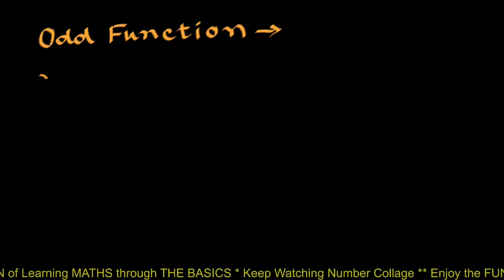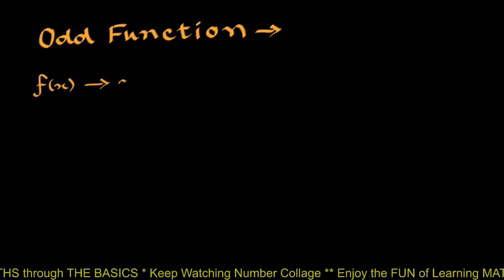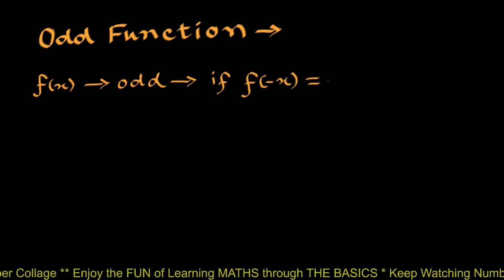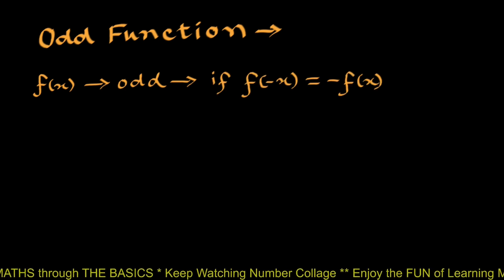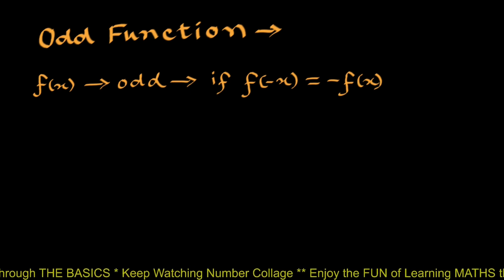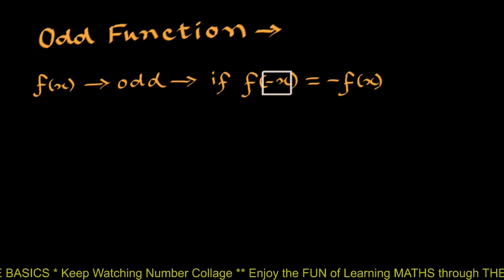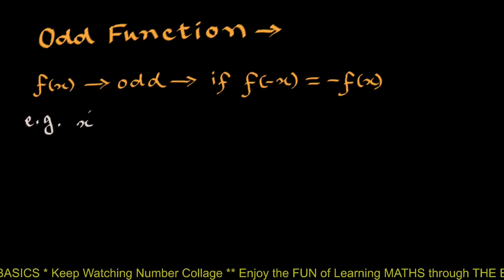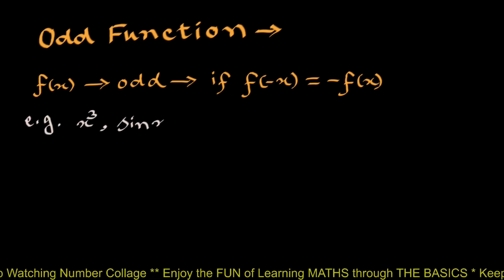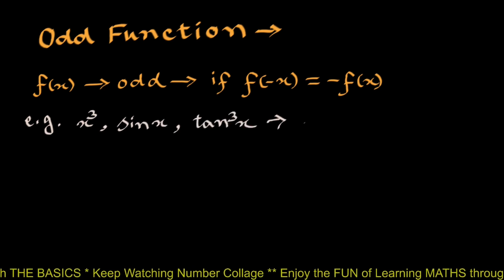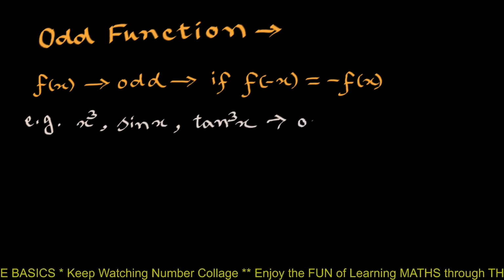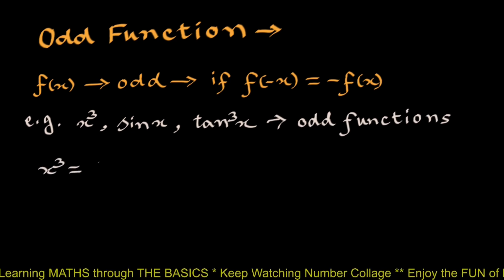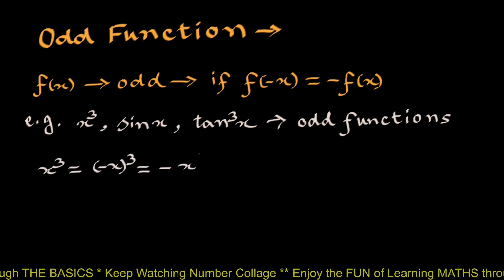A function f of x is said to be odd function if f of minus x is minus f of x. That is, after replacing x by minus x, the function takes negative sign. For example, functions like x cube, sin x, tan cube x are all odd functions. This is because x cube after replacing x by minus x becomes minus x cube.